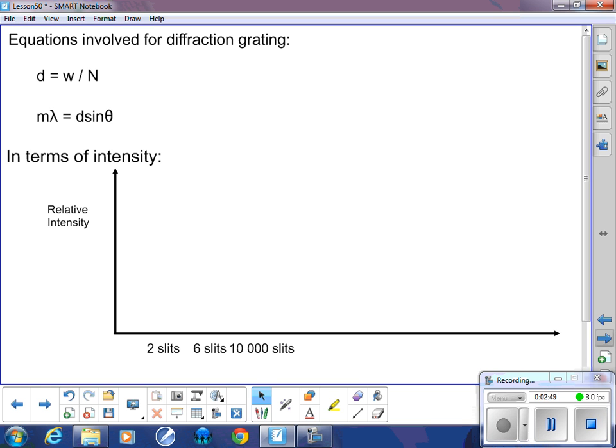So we have, and I'll give you a bit of a legend here, it's really only two new terms that have been introduced. D is the distance between slits. So that's something you already had in Young's double slit.